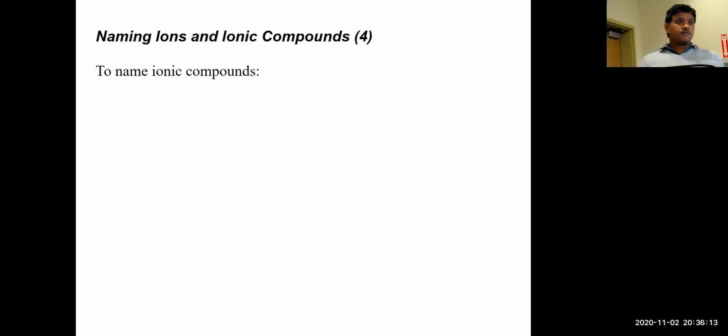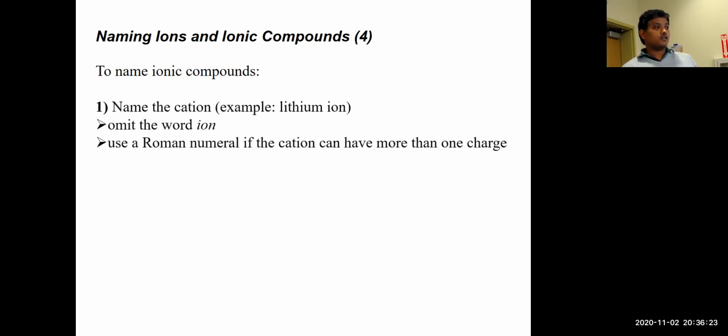All right. We are going to revisit what we just discussed and practice some before we conclude this topic. To name an ionic compound, these are the things you need to do. You need to name your cation as just the metal name.